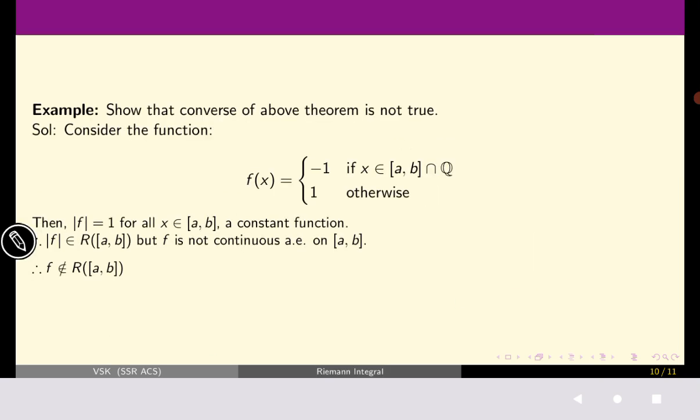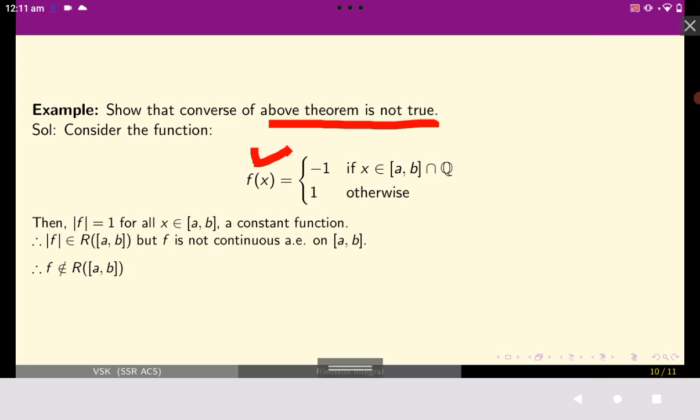Now let us see one example. Show that the converse of the above theorem is not true. For this, consider the function f(x) equal to -1 if x belongs to AB intersection Q, that is, if x is rational and lies between A and B, and it is 1 otherwise.